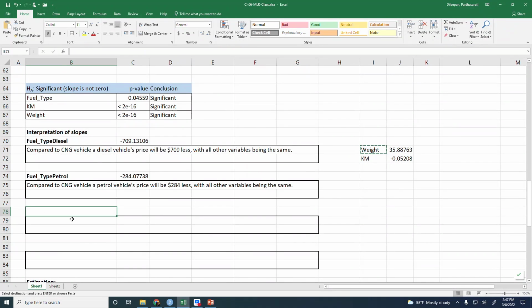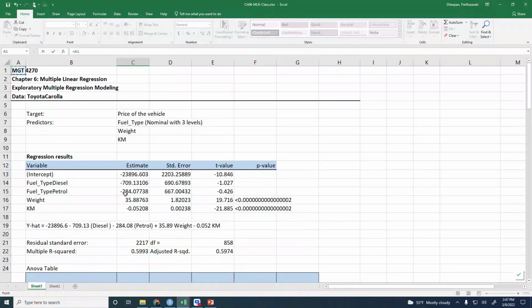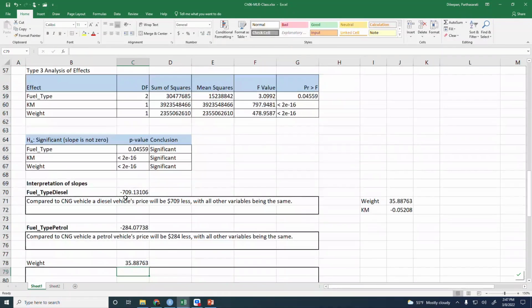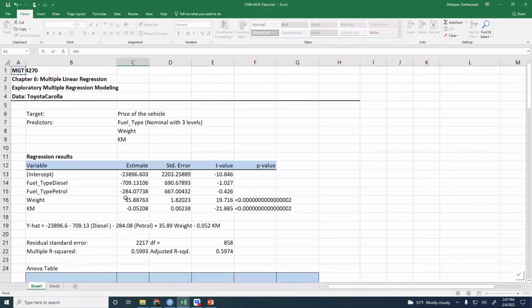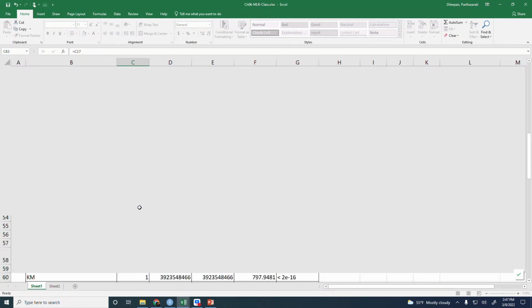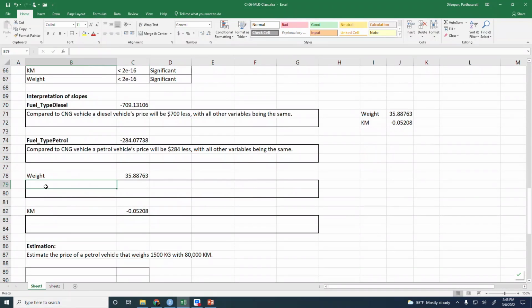Now we have weight and kilometers. So here these two are regular variables, so there is nothing to compare here. So weight is that, and kilometer is that. So once again, what we are trying to say is if these are slopes.